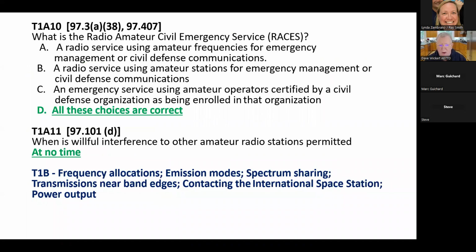What is the Radio Amateur Civil Emergency Service, RACES? The answer to the question is that all of those represent what RACES is. Depending on how old you are, you may remember the Civil Defense Organization that we used to have here in the United States, where you would have civil defense, bomb shelters, and organizations responsible for dealing with civil defense.